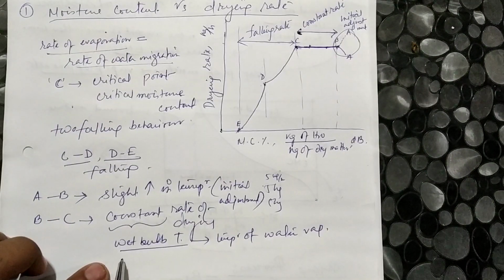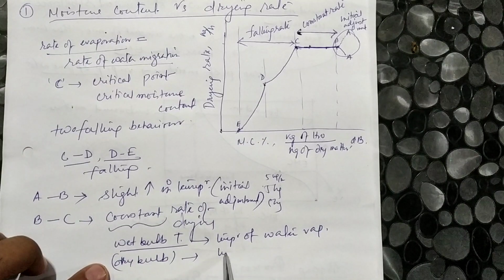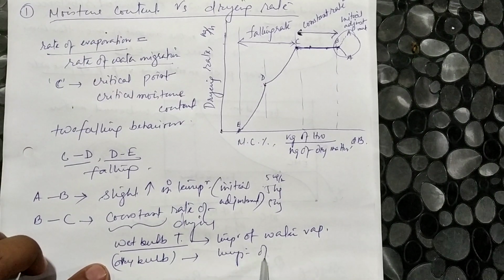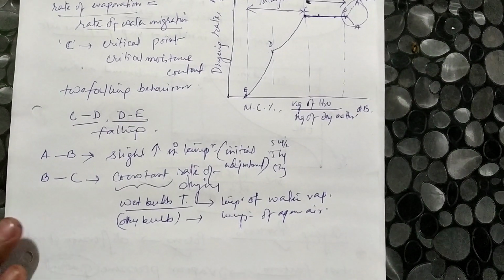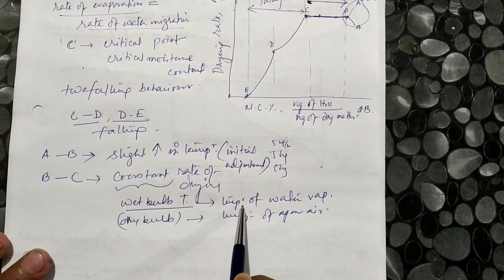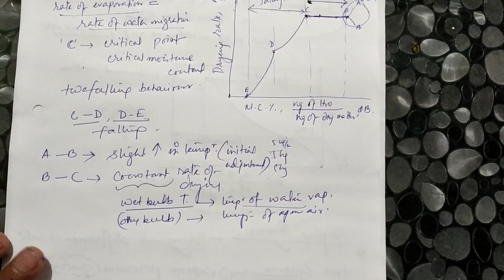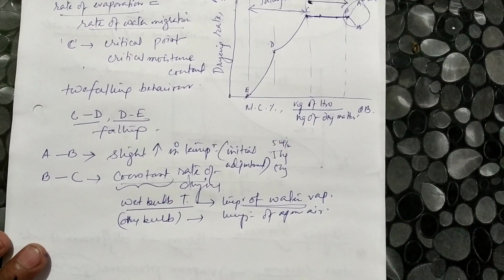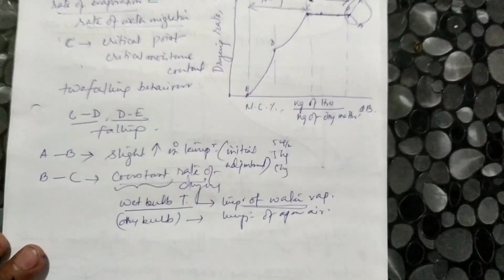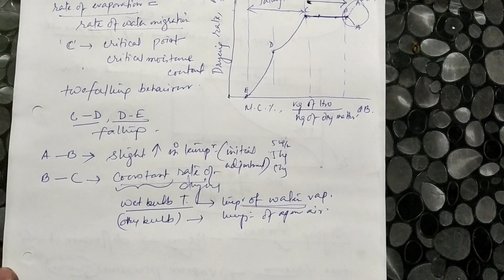Another term we'll discuss later in the psychrometric part is dry bulb. Dry bulb is the temperature of open air, normal temperature, which we generally measure with a thermometer. Wet bulb is the temperature of water vapor. So within this constant rate, the temperature is the water vapor temperature, and there is constant drying behavior.